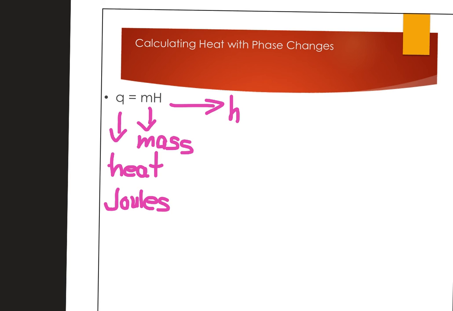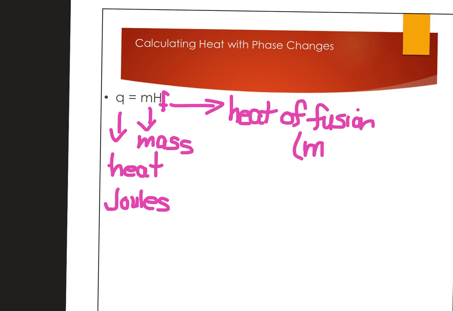And on ours it says HF. On our reference table it says Q equals mHF, where HF is our heat of fusion. Fusion happens when something is melting or freezing.